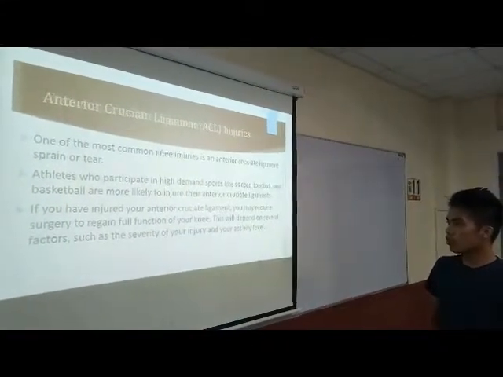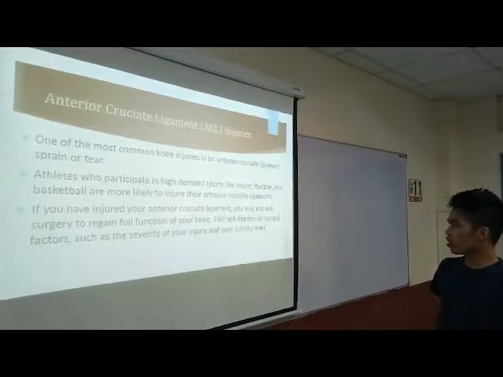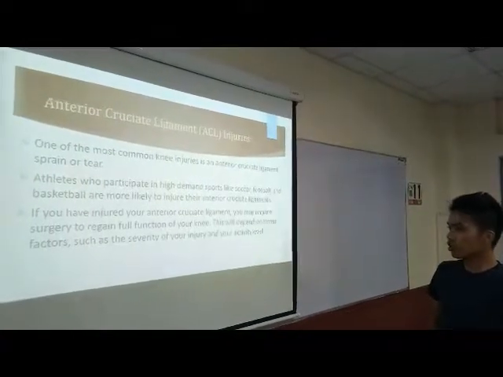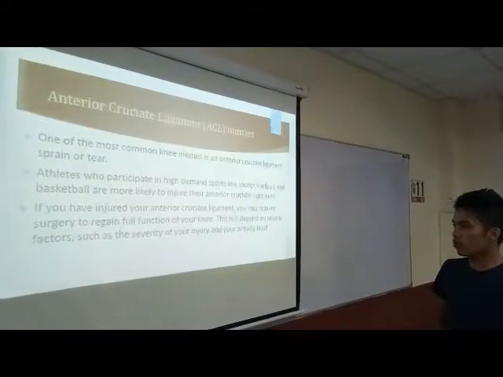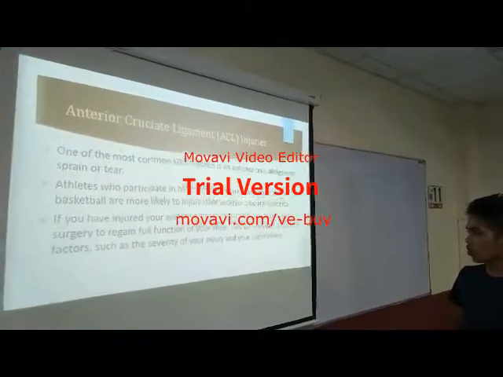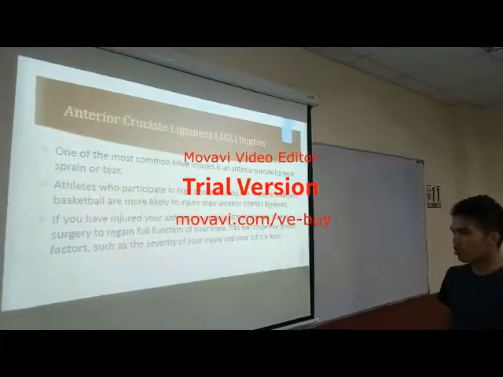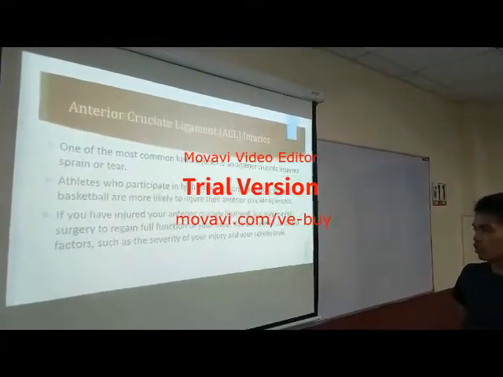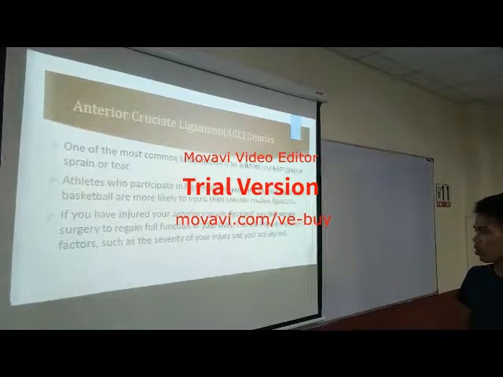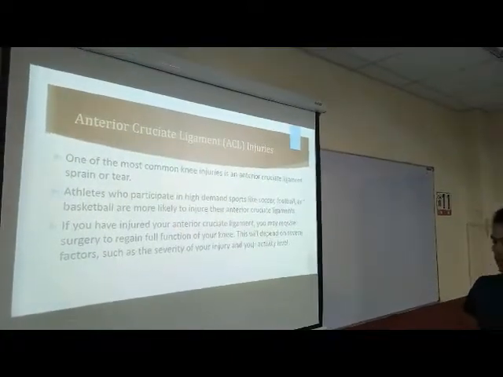If you have injured your anterior cruciate ligament, you might require surgery to regain full function of your knee. This will depend on several factors, such as the severity of your injury and your activity level.